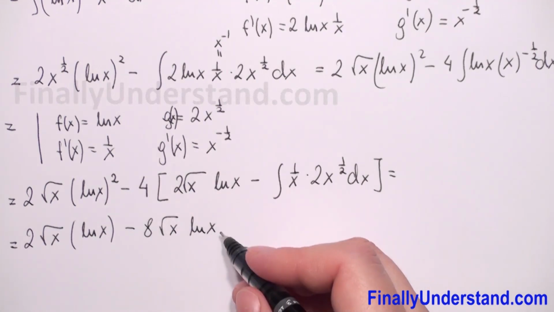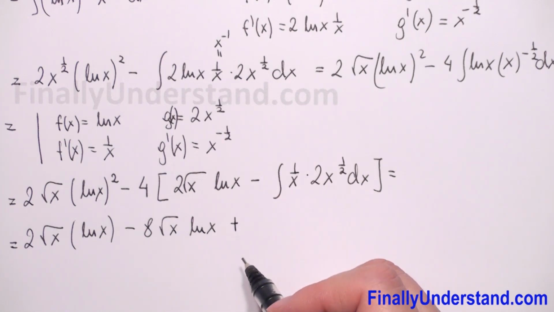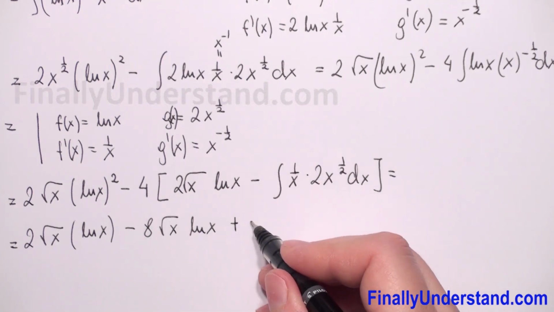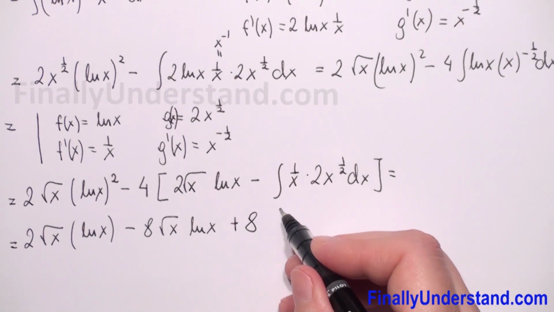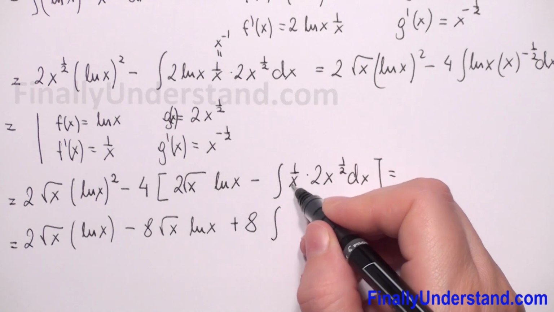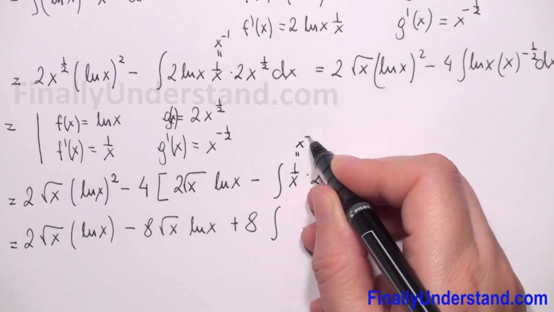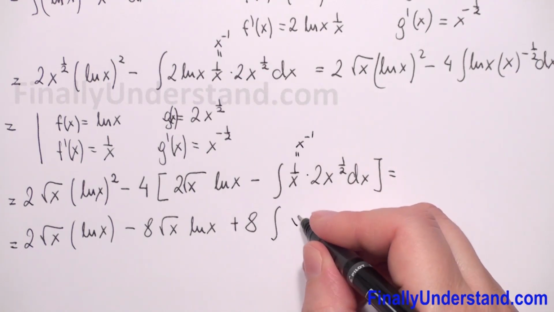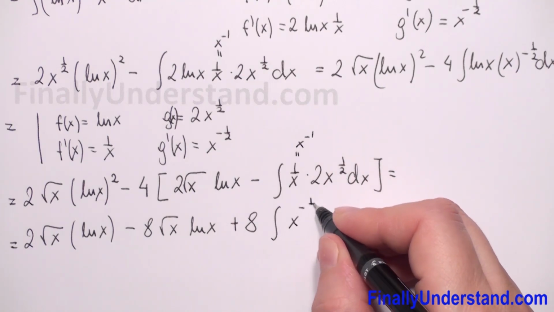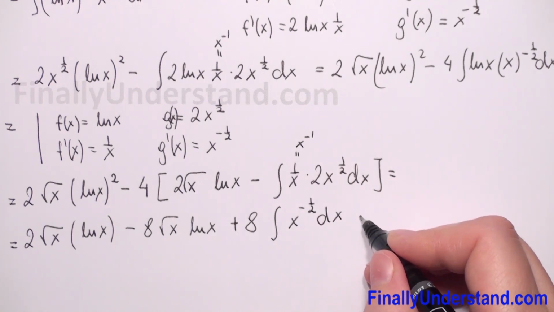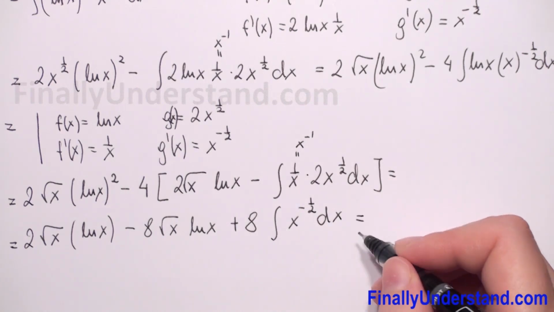Negative and negative give us positive, and we will have 4 times 2 is 8, and we will have the integral of, one more time, 1 over x, which is equal to x to the negative 1, so we have the same base, we need to add exponents, so it will be x to the power negative 1/2 with respect to x. We have the integral, so this is equal.